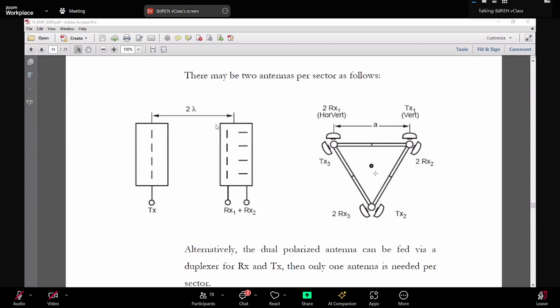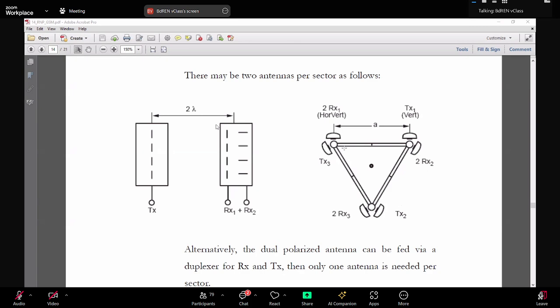See, here it's implemented for three different sectors in three different directions, and you see that you have here TX2 and RX2, I mean the two receive antennas for sector 2 located here and here.